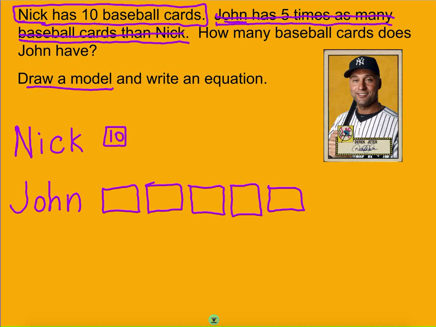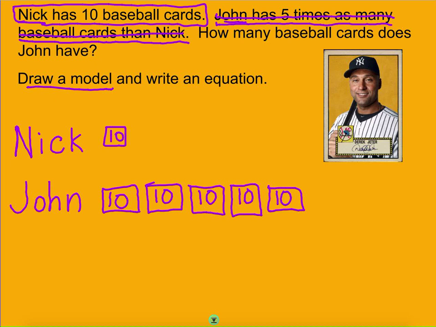And now in a model, all the boxes have to have the same value. They have to be equal. The reason why this makes sense is if Nick has 10, John has 5 times as many. So each of these boxes have a value of 10, okay?